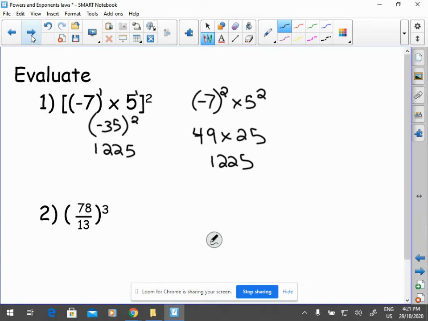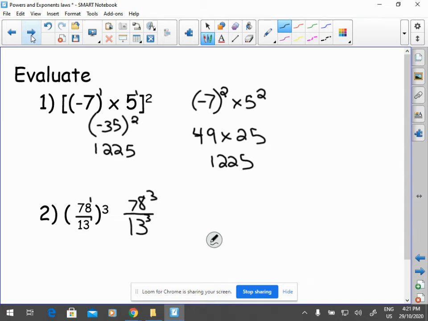For the next one, we need to know that the number on the outside is being multiplied by every number on the inside. And if it's a fraction in the question, it should be a fraction in your answer. So this one is actually going to become 78 to the power of 3, because there's a hidden 1, over 13 to the power of 3, because there is a hidden 1.